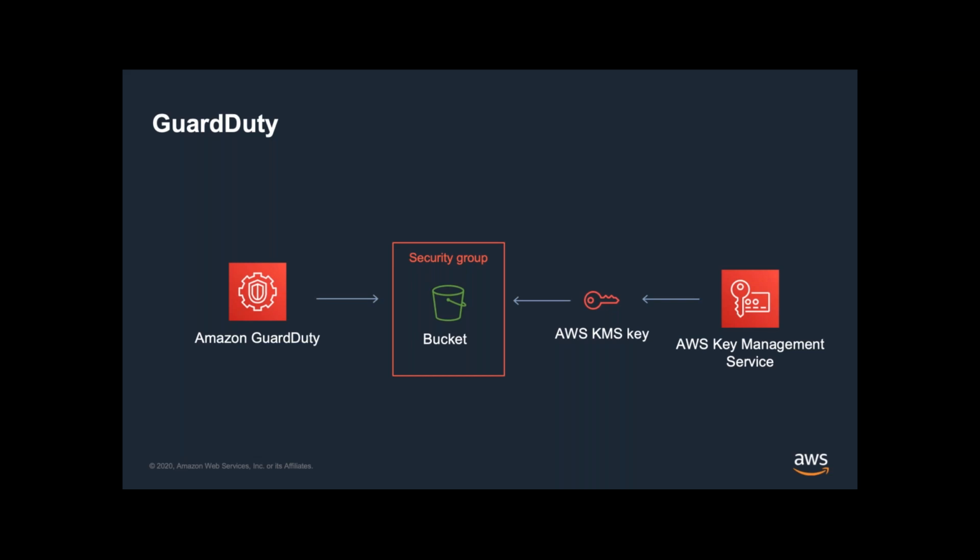Guard Duty's cost is very low, and the results that we've seen from this are pretty good. So we would definitely recommend using Guard Duty to protect S3 buckets, especially those of a sensitive nature.